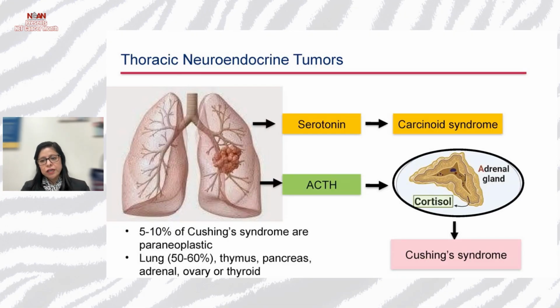The inner part is called the adrenal medulla, and the outer part is called the adrenal cortex. ACTH stimulates the layer responsible for the production of cortisol. If you have a lot of ACTH produced by the tumor, there is going to be excess cortisol, and this excess of cortisol causes a syndrome called Cushing's syndrome.